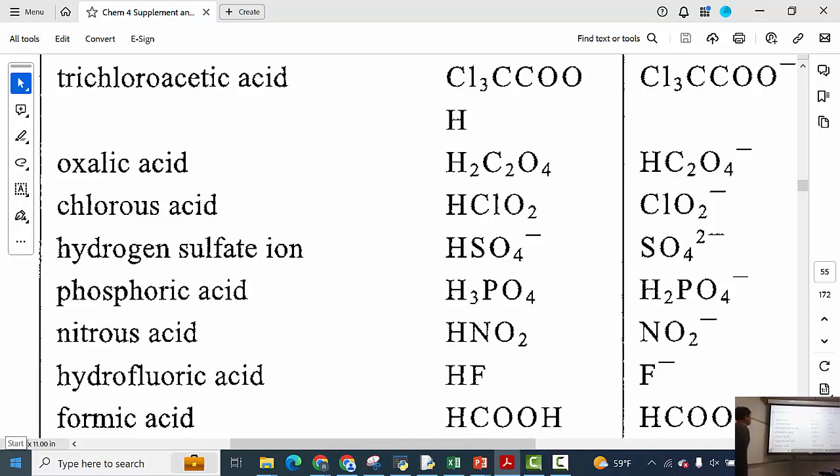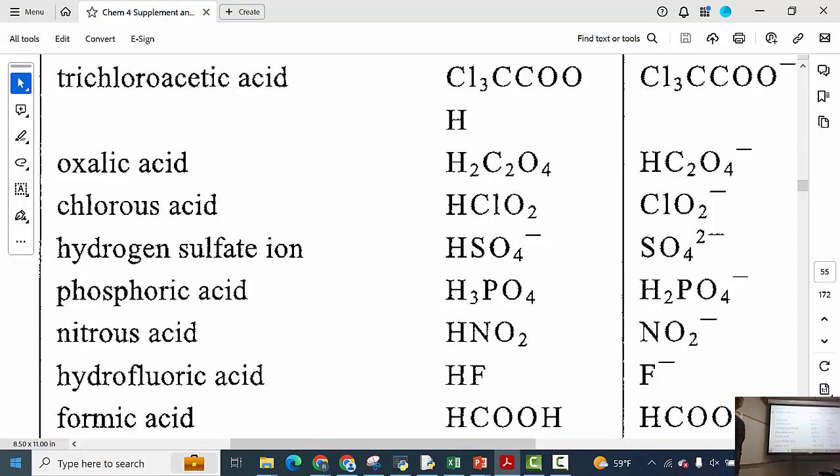HClO2 is called chlorous acid. HSO4 minus is called hydrogen sulfate ion, or another name for it? Sulfuric acid. No. H2SO4 would be the sulfuric acid. We would call HSO4 minus something else. What would we call it?